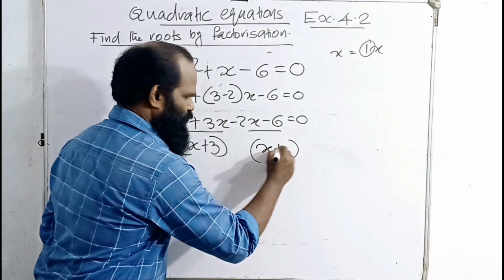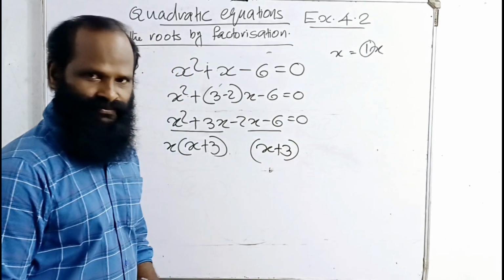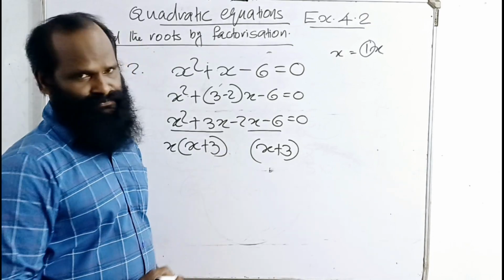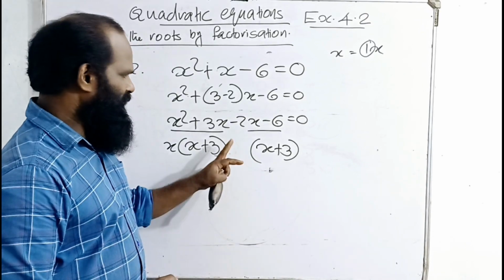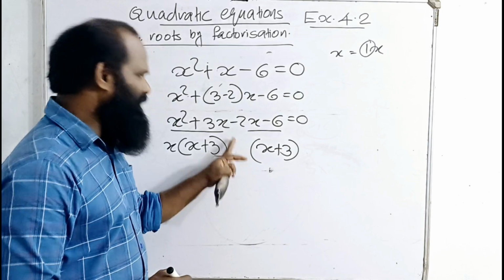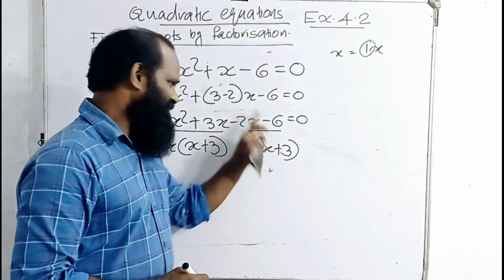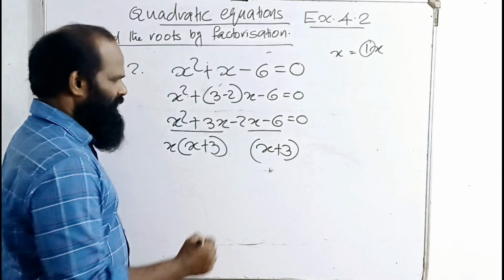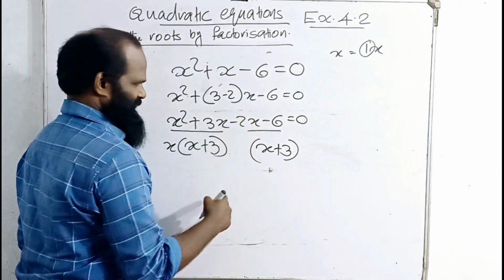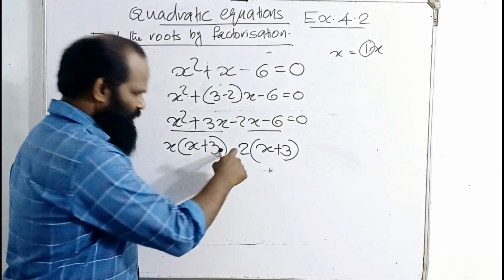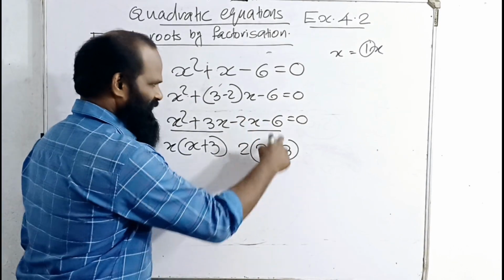So x plus 3 is written in advance. Now we think of the number which is to be written here. What number should be written here so that when it is multiplied with x, we get negative 2x. The number which gives us 2x when multiplied with x is definitely 2. 2 into x, 2x. 2 into 3, 6.